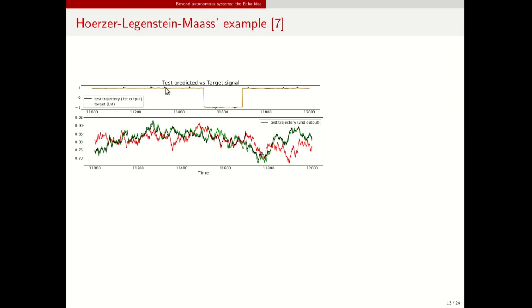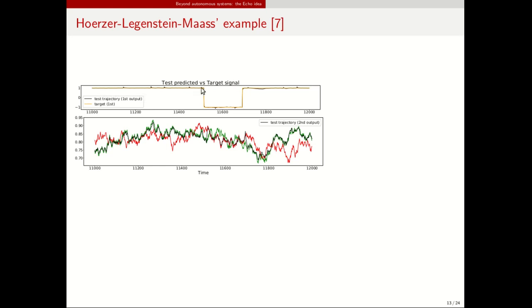So there are two outputs. The first output represents the internal memory of the neural network, and it is represented as the black trajectory here, which is just behind the orange trajectory, which is the target output of the first component. And the second signal in output is the black trajectory that you can see here, which is, as you can see, following the green signal as long as the value of the first output is +1.